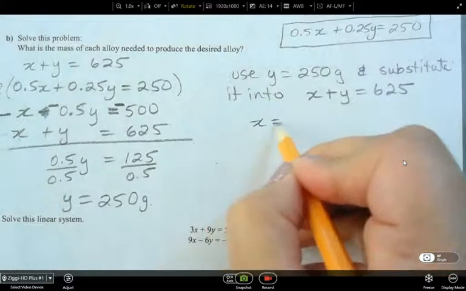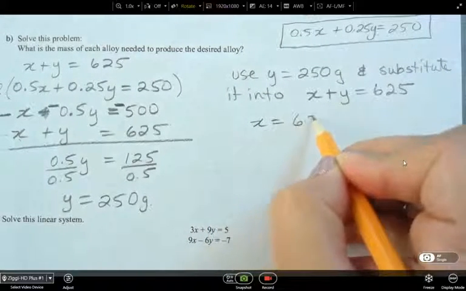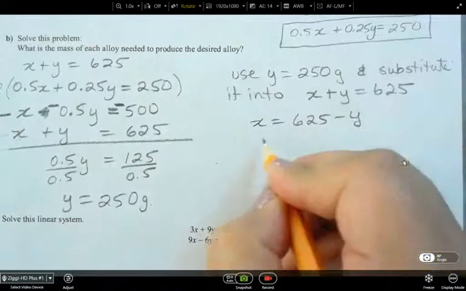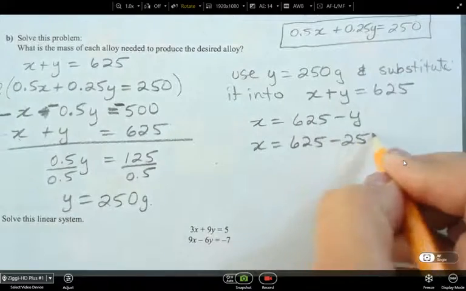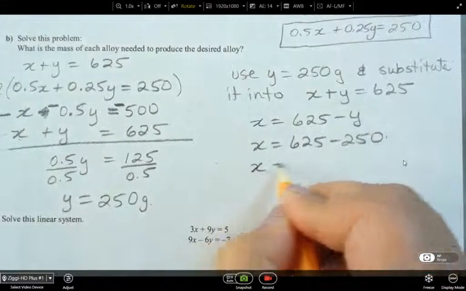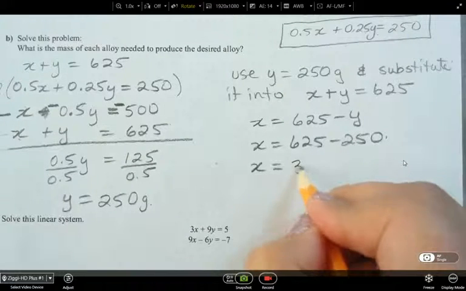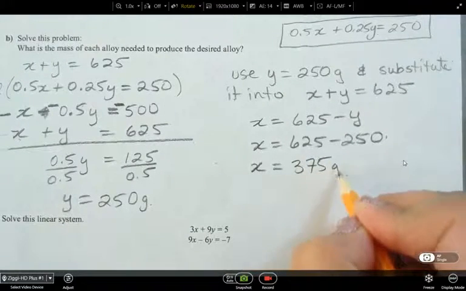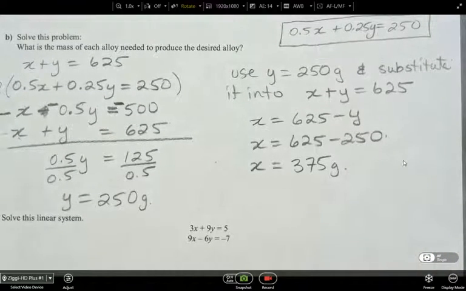So x is equal to 625 minus y. x is equal to 625 minus 250. So what do I get for x? 375 grams.